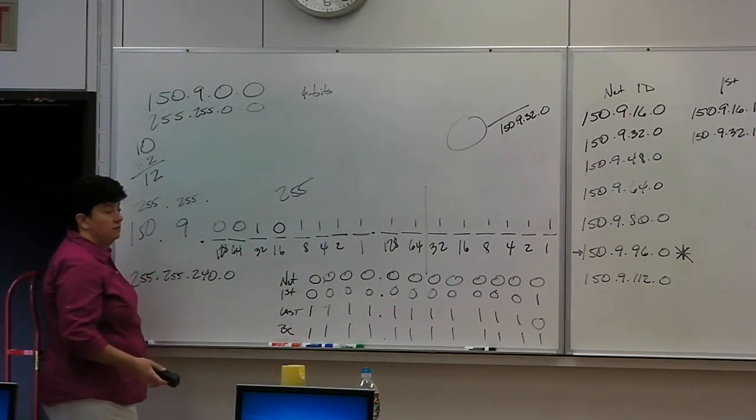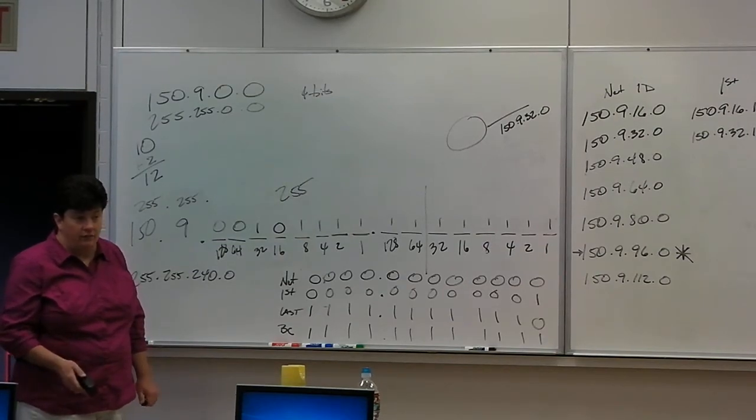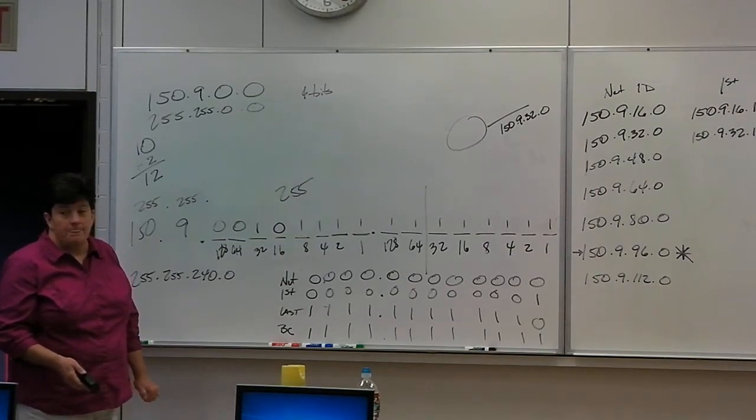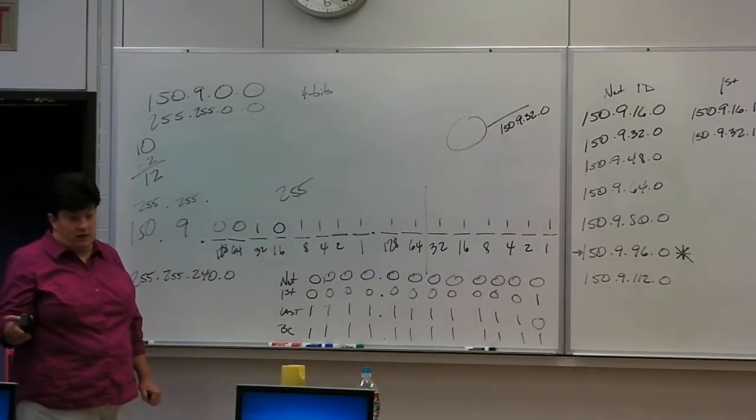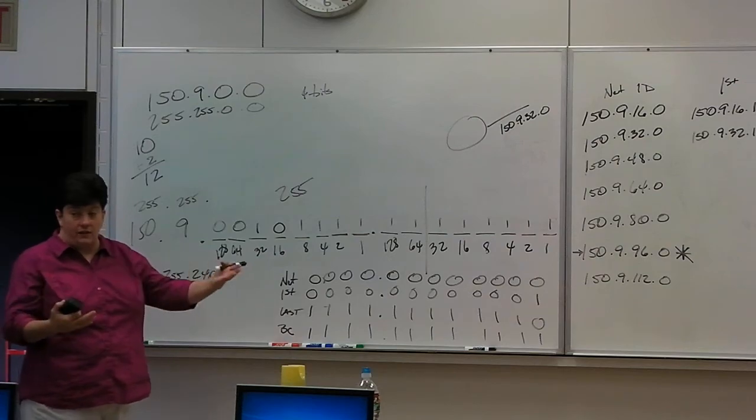Most often it will mean that it is not 255. Class C, it will always happen in Class C, because the only octet I can affect in Class C is the last octet.